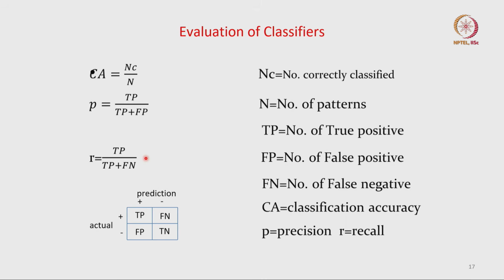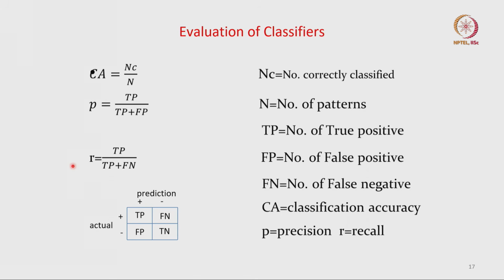So, these are all different evaluation metrics which can be used, especially when you have imbalanced data sets. You use the precision and recall. So, you make use of things like true positive, true negative, false positive, false negative, etc. in such a case.